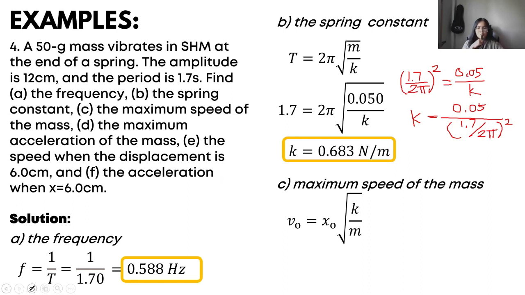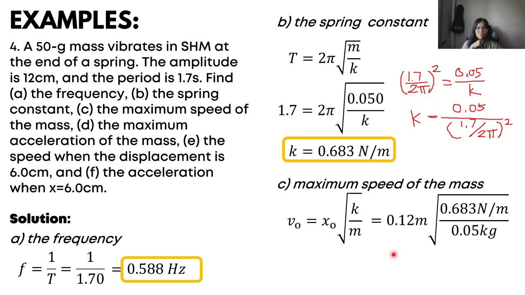For the next one, maximum speed of the mass. Meron tayong formula na v sub o is equal to x sub o square root of k over m. Okay, tandaan na yung v sub o, yun yung maximum speed. Ang x sub o naman is the amplitude. So, substitute nyo si 0.12 meters, given natin is 12 cm.